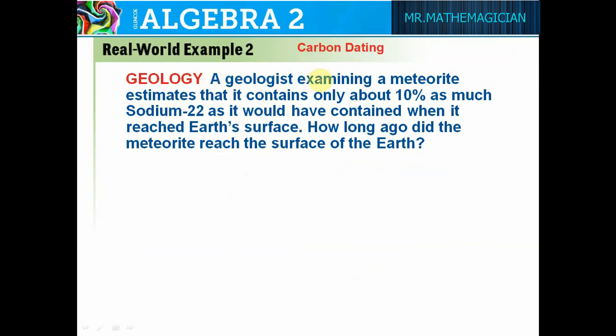A geologist examining a meteorite estimates that it contains only about 10% as much sodium-22 as it would have contained when it reached Earth's surface. How long ago did the meteorite reach the surface of the Earth?